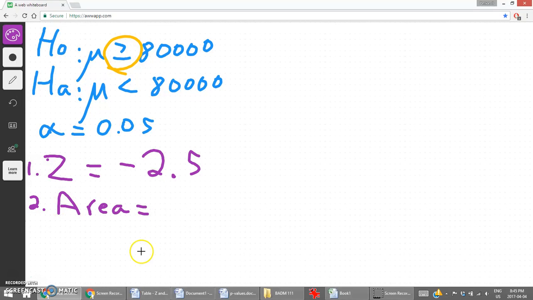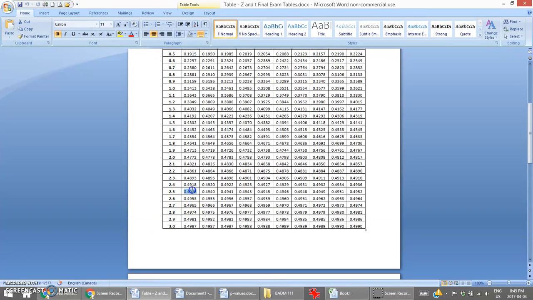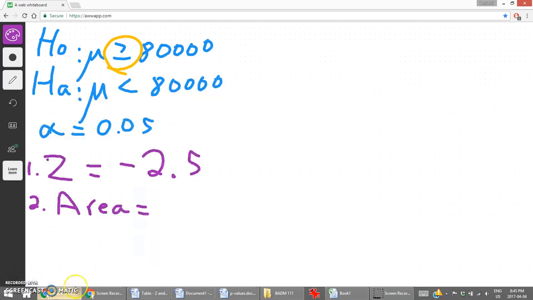The area that corresponds to a Z value of 2.5 is right here. 2.50, the first column is 0, so 4938. So let's put that in there, 4938. The last step is the p-value.